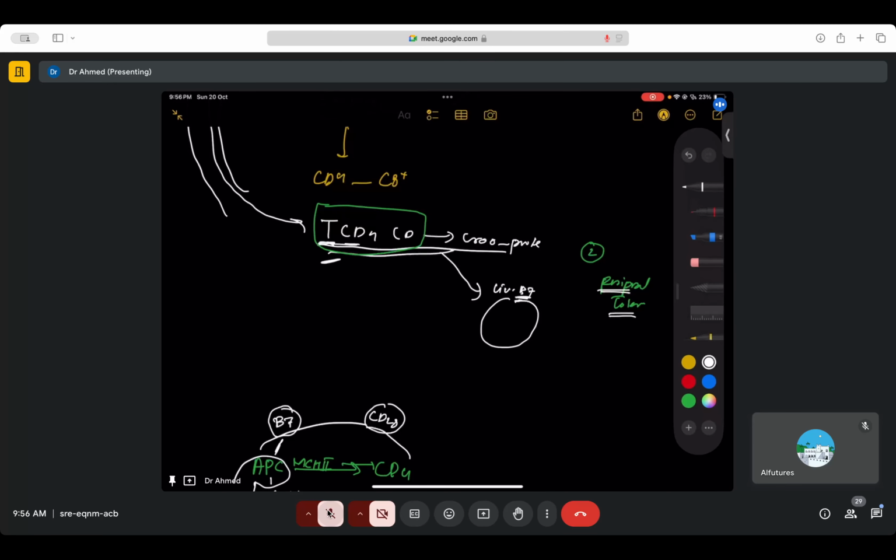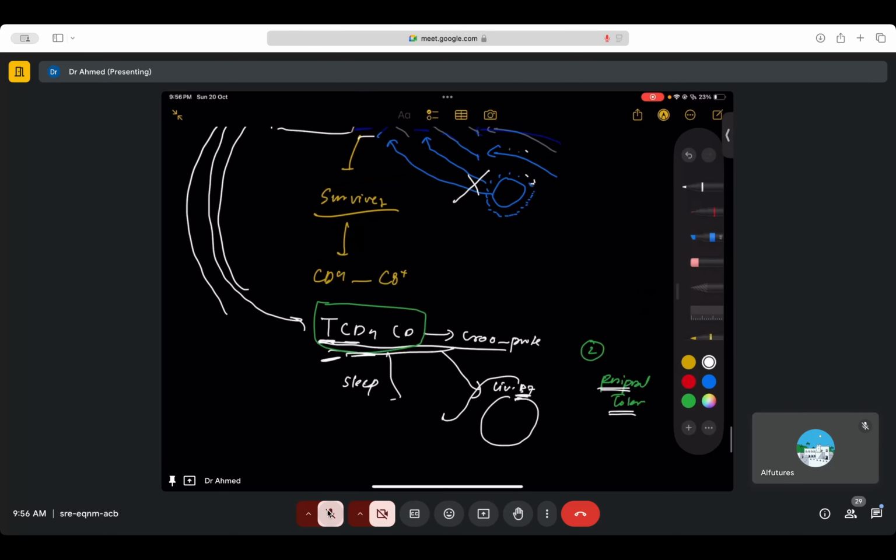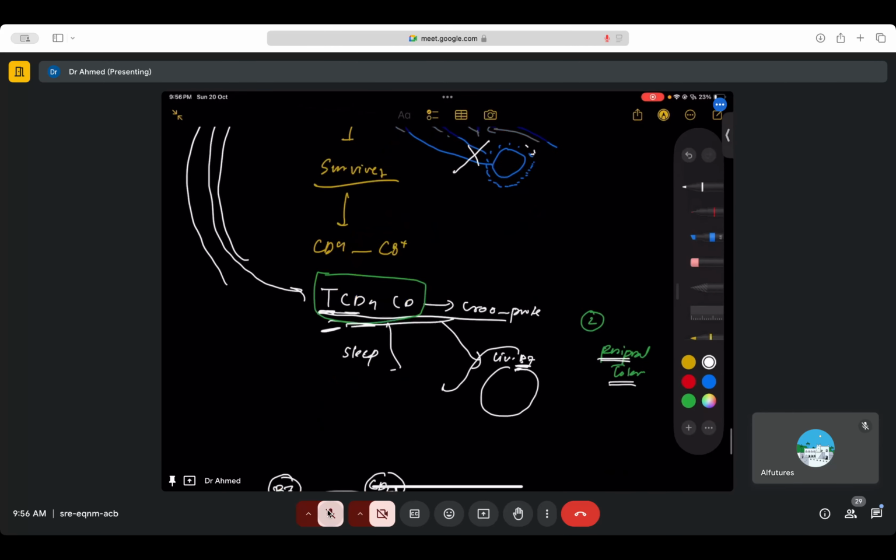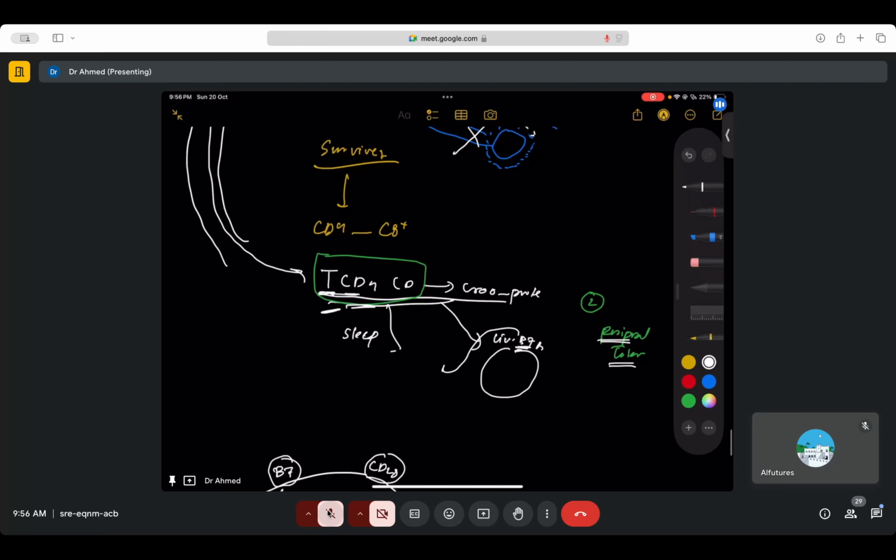These cells have no B7, so they would tell these T cells, please sleep, because I have recognized you, you have escaped this process, and I do not have B7, and you are supposed to join those cells who have B7. So this is your peripheral tolerance.